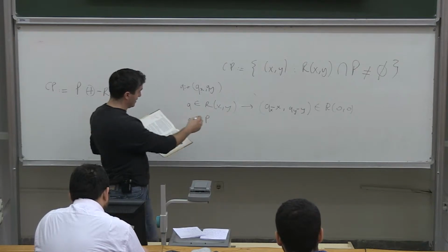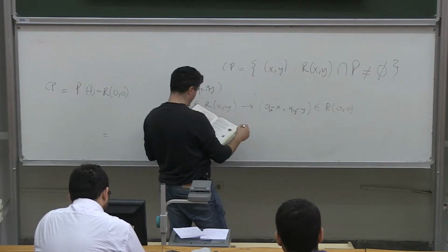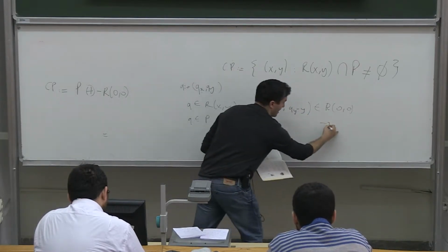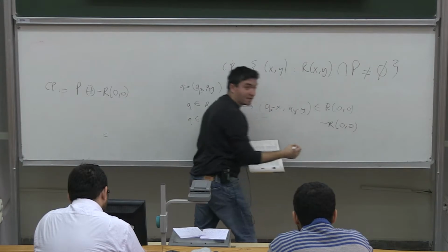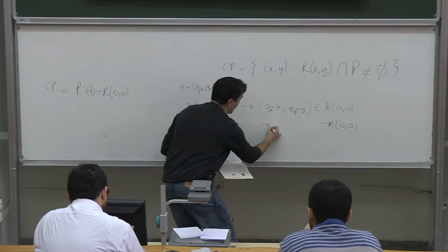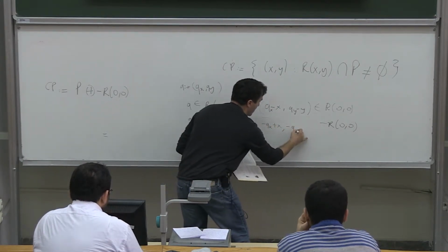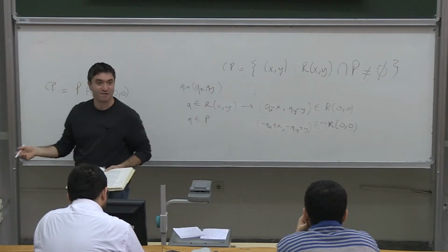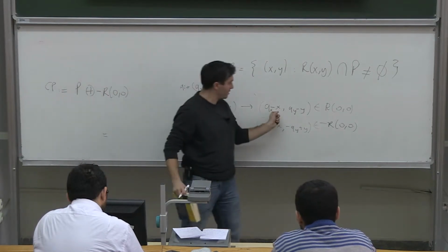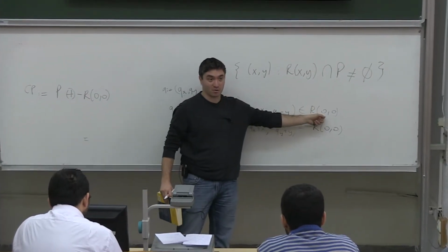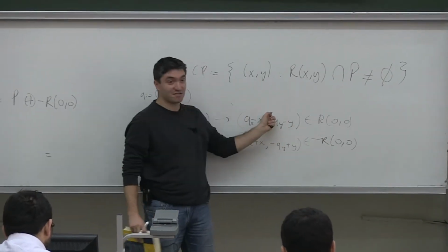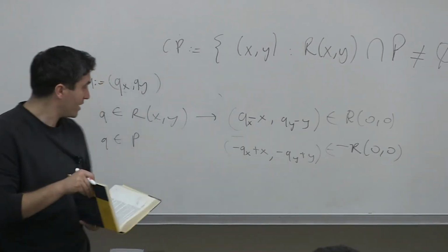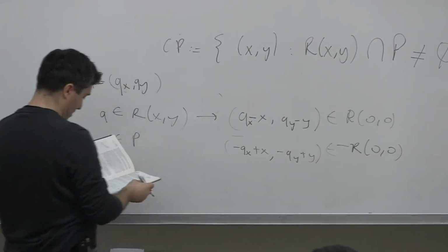If we take the minus of this R00, it means that minus QX plus X and minus QY plus Y is an element of this reflection. If you reflect the point, which is a member of the original configuration, it should be a member of the reflection of this polygon.